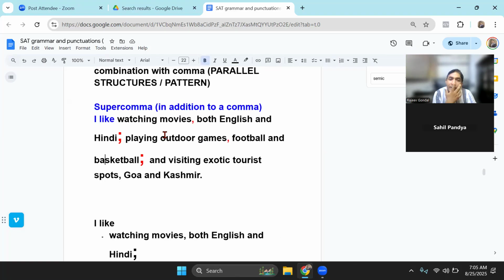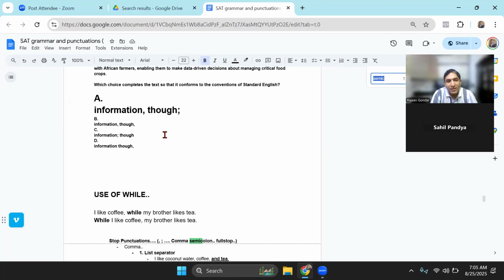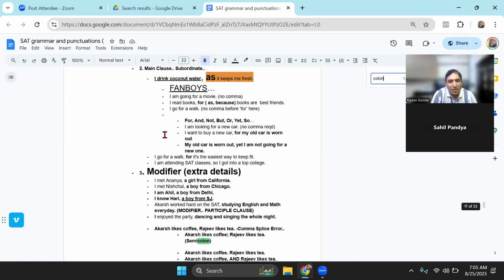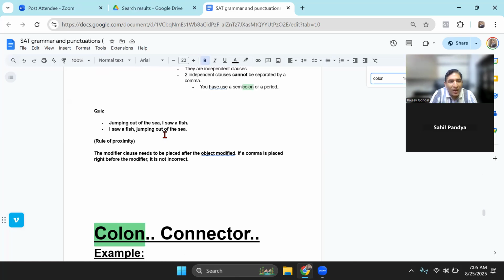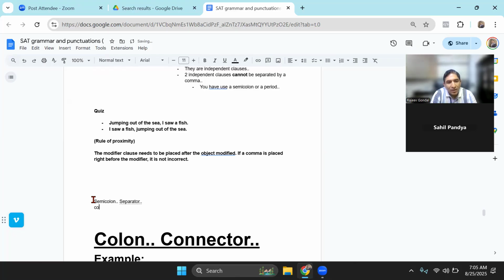Wonderful. Let us talk about colons also now. There's something called a colon, which is again tested in all these tests. Now, unlike the semicolon, which was a separator, a colon is not a separator.